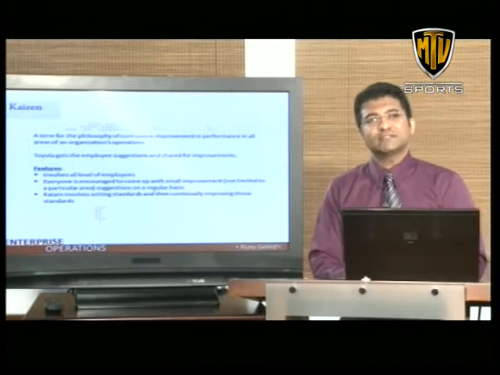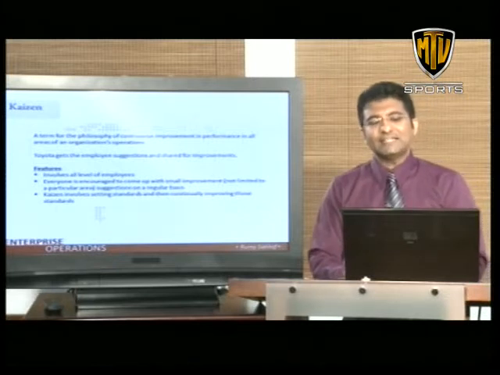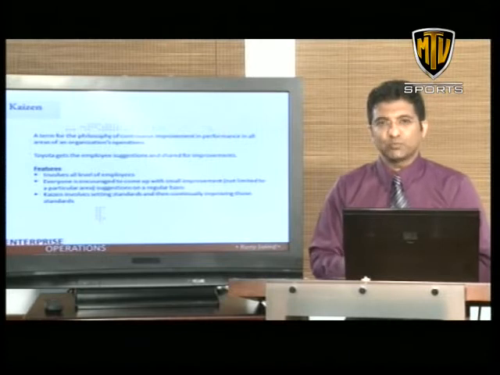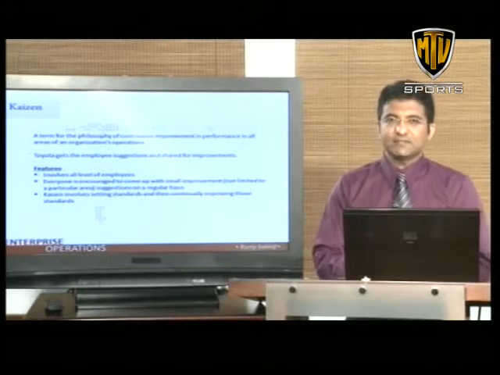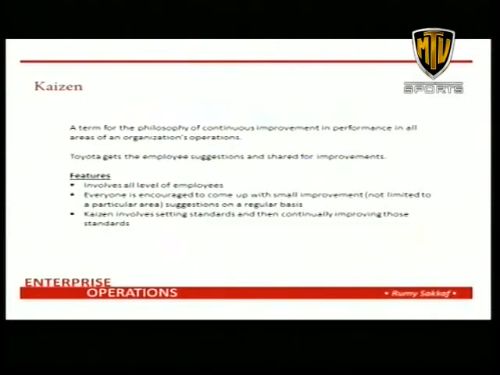The next one is Kaizen. Kaizen is a philosophy. It is considered to be continuous improvement. The Japanese term Kaizen is considered to be one of the most important elements in an organization with regard to quality. Kaizen, in simple English, we call continuous improvement, continuous improvement in all areas of an organization's operation.